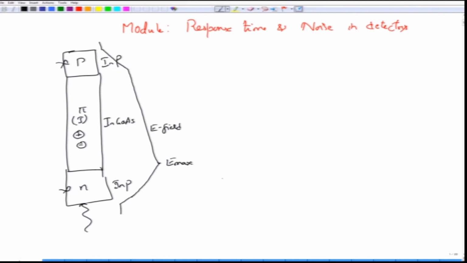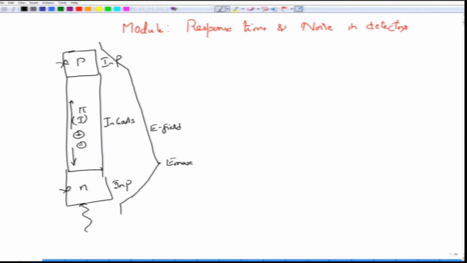The field which I had just drawn, if you remember, was for the APD diodes, because there is an N plus and a P region, the multiplication region, before the intrinsic absorption region, correct. The point to note here is that you have a strong electric field which will separate the positive and negative charges. These charges will travel in opposite directions and they will be collected in the appropriate regions.